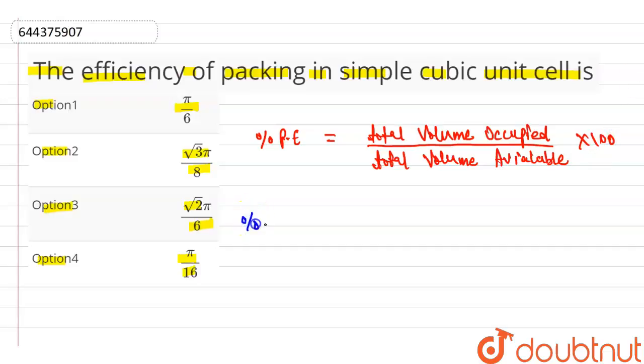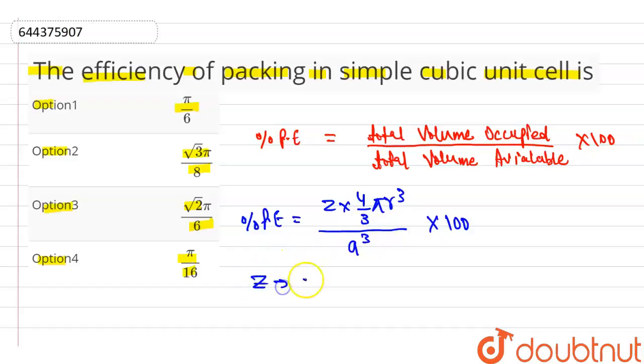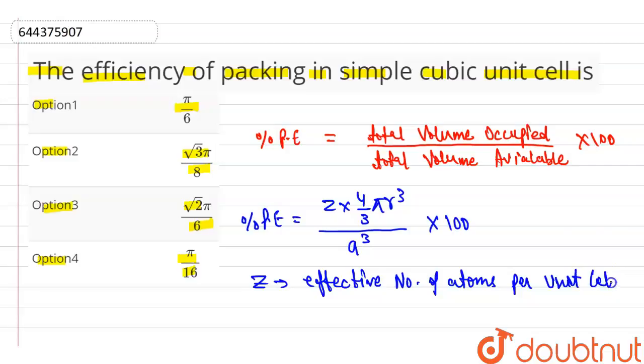So the packing efficiency is equal to Z into 4 by 3 pi r cube, here 4 by 3 pi r cube is the volume of a sphere, upon a cube, the volume of cube, into 100. And here Z is the effective number of atoms per unit cell.